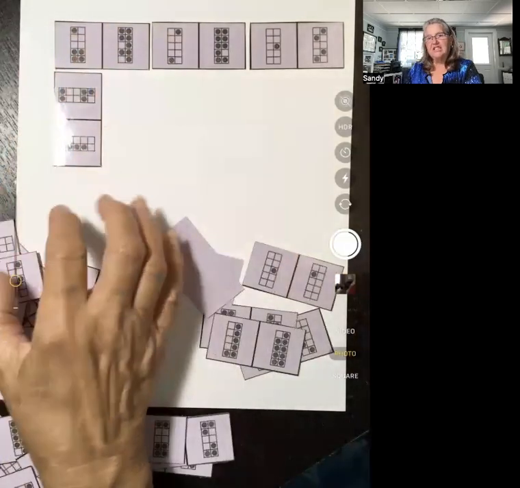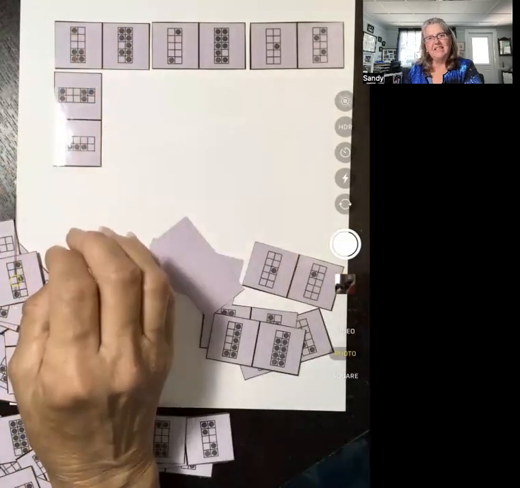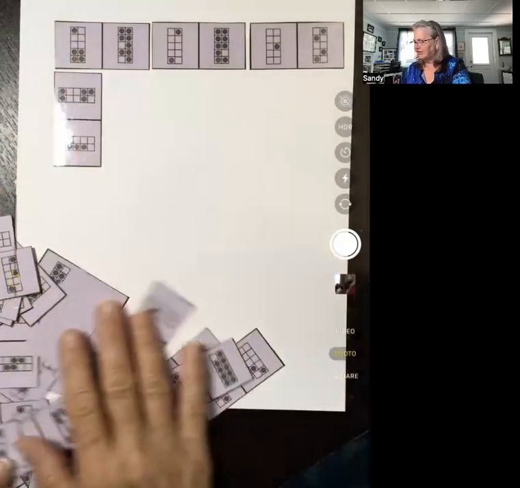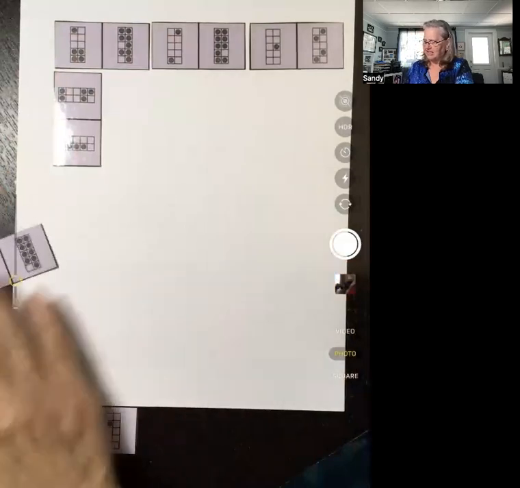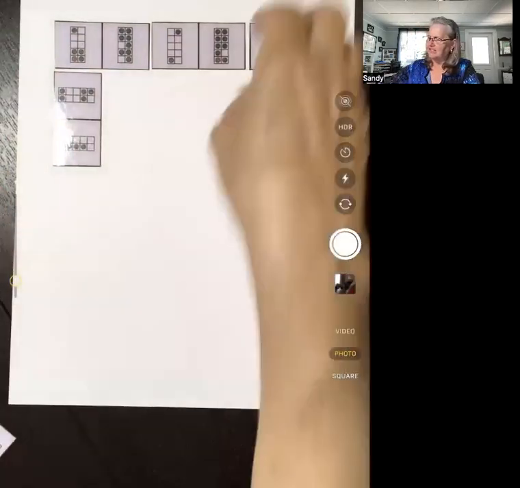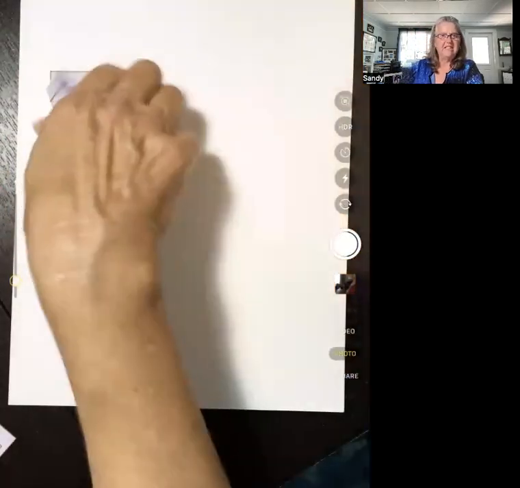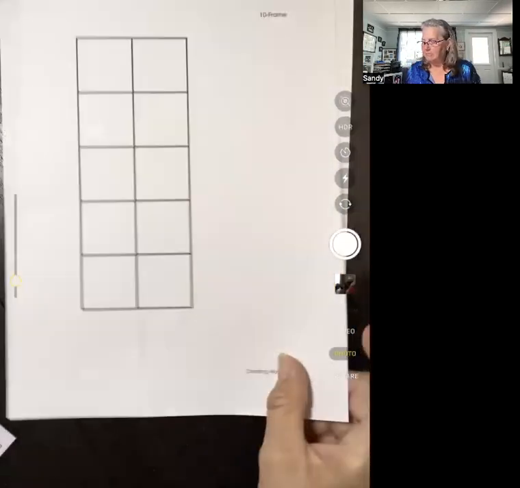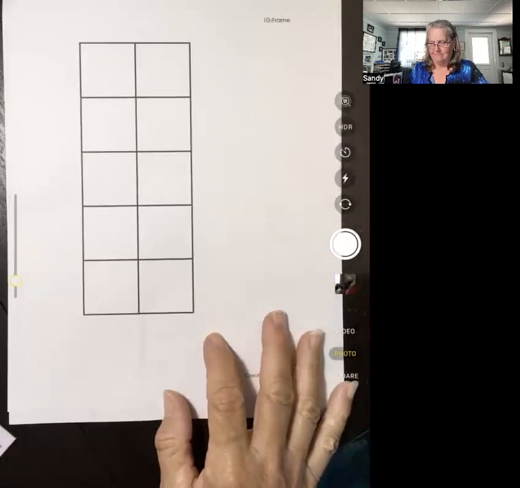So this is combinations to make 10, okay? And you may see them early in grade 2 working on that to make sure that your child's comfortable with ways to make 10. That's a key idea for what they'll be doing as they move up into double-digit numbers.